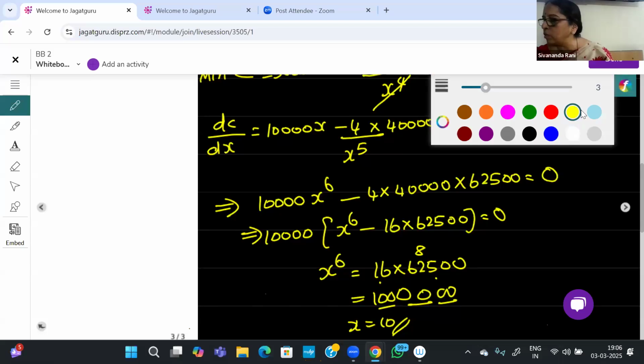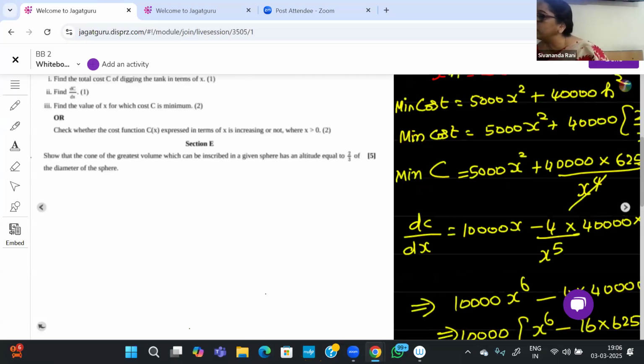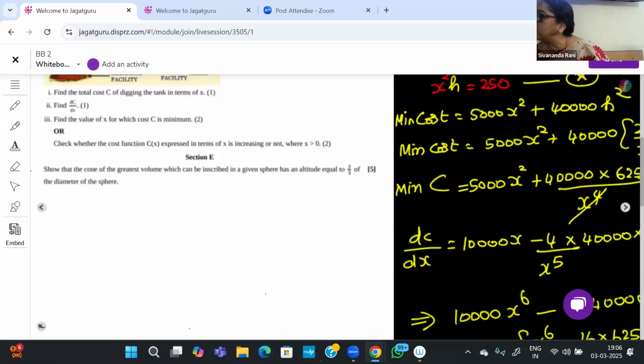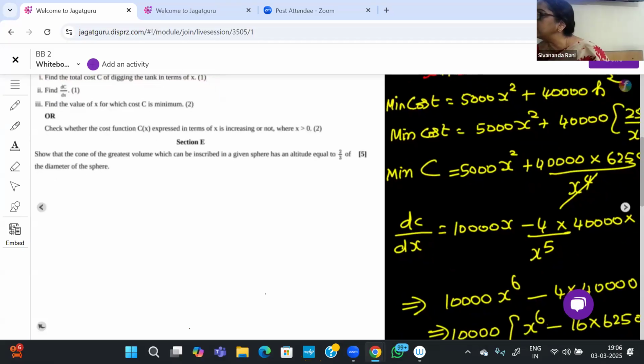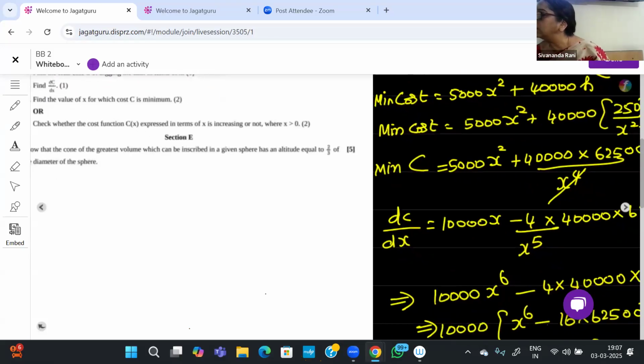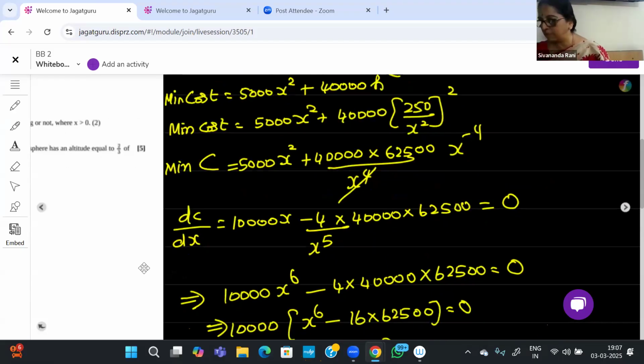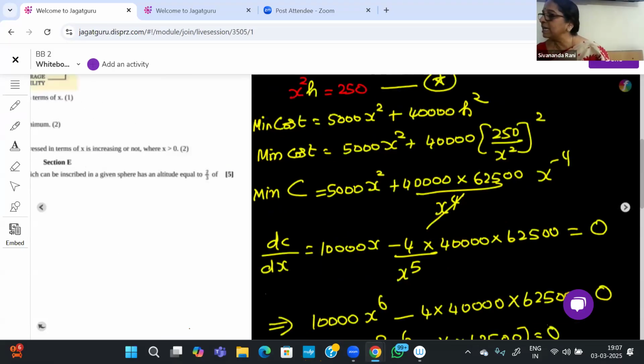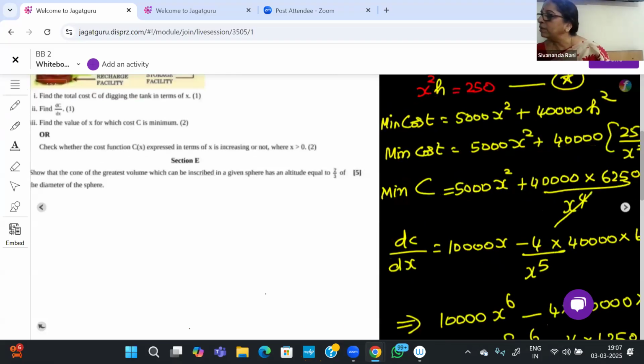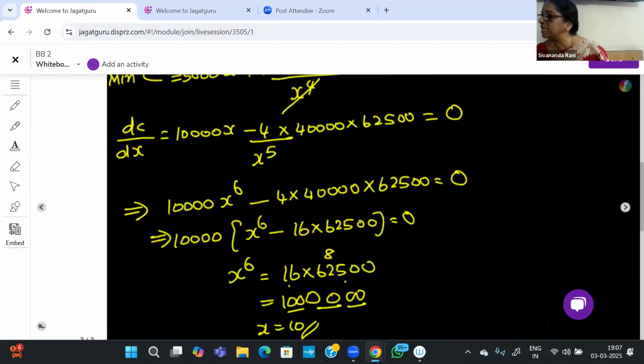Height I should find out. As he asked for the height, check whether the cost function expressed in terms of x is increasing or not, where x is greater than 0. Nice problem. Is it increasing for x greater than 0? Cost function already we know first derivative.